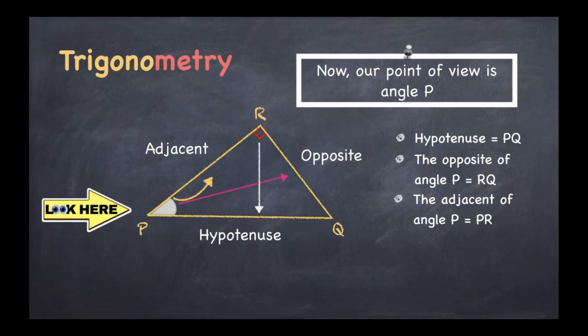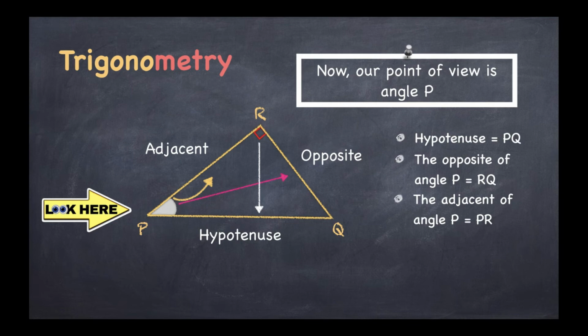Okay, so now before we continue, let's make a review about how to identify the names of sides in a right angle triangle. The first thing that you can do is finding the hypotenuse. The hypotenuse is always in front of the right angle, or we can say that the hypotenuse is always the longest side of a right angle triangle.